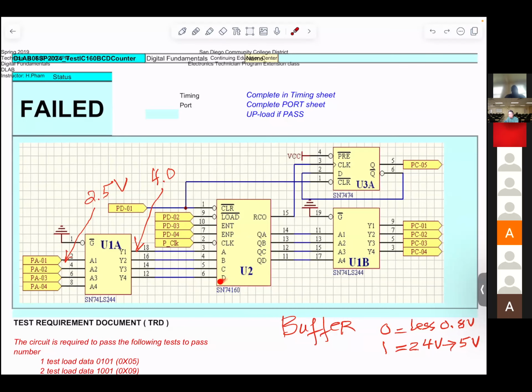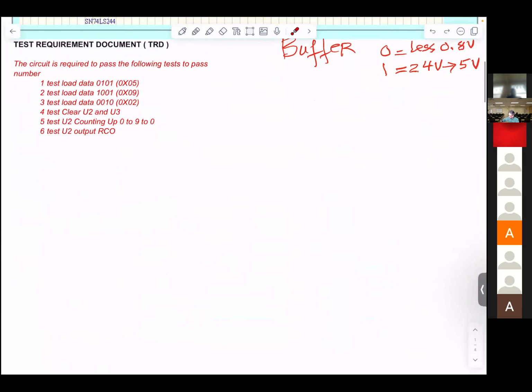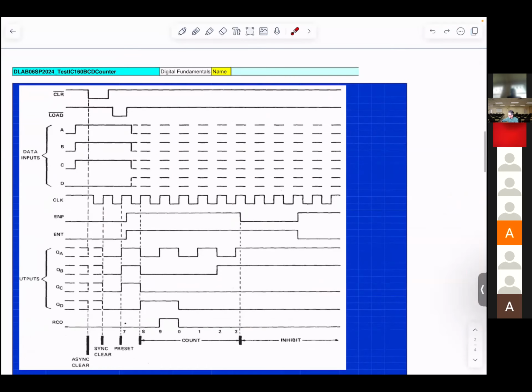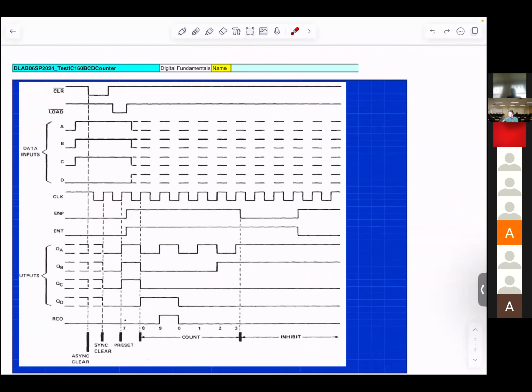If you go to Google and type in 74160, they give you all of the information on this IC. And now, in order to see how this IC works, we go into that one here. That is the one I want you to understand.